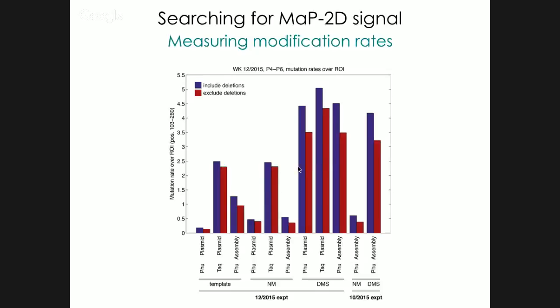Which is what you expect. There was one strange thing from the result here, which was that in the template for the PCR assembly, we actually saw a lot of modifications and, surprisingly, actual two-dimensional signal, which I really have no idea where that could come from, because there's no reason for there to be structurally correlated mutations in a double-stranded DNA template.